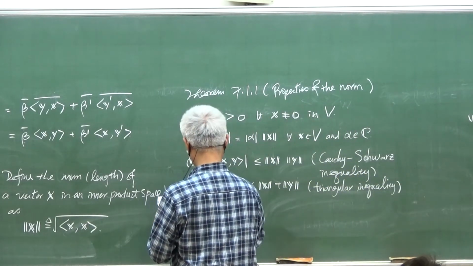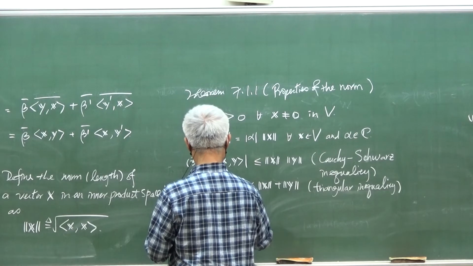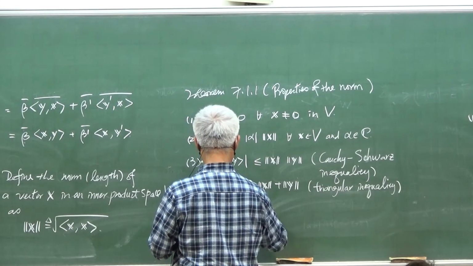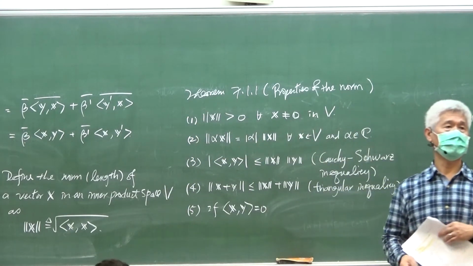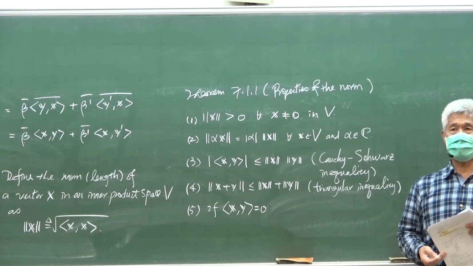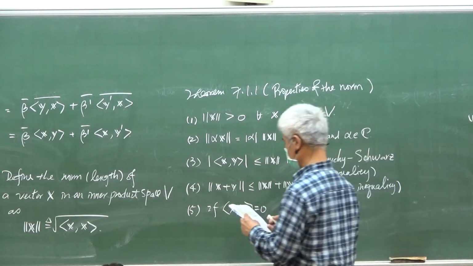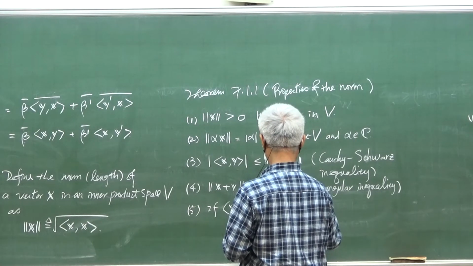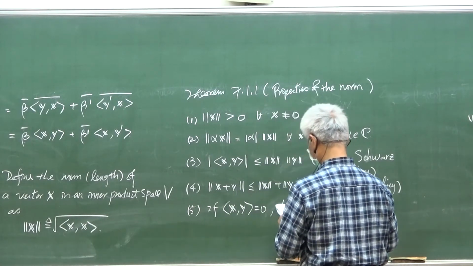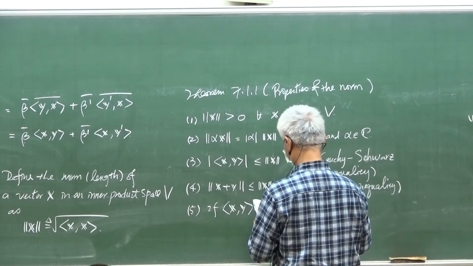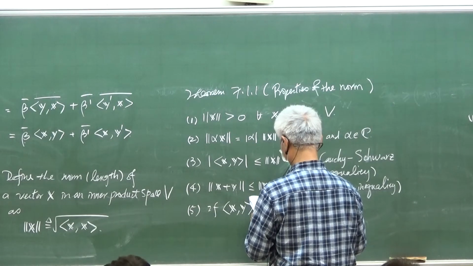Fifth one, if the inner product of two vectors x and y is 0, then we have the Pythagorean equality.